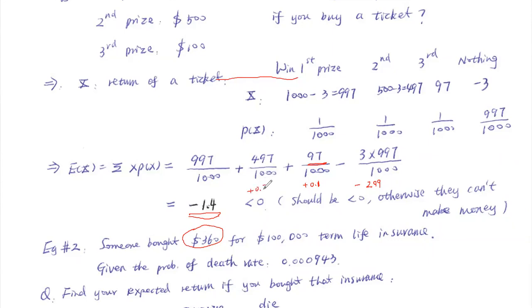This one is close to 0.5, and this one is close to 1, 0.997. That gives me about 1.6, and 1.6 minus something pretty close to 3 should be negative 1.4.